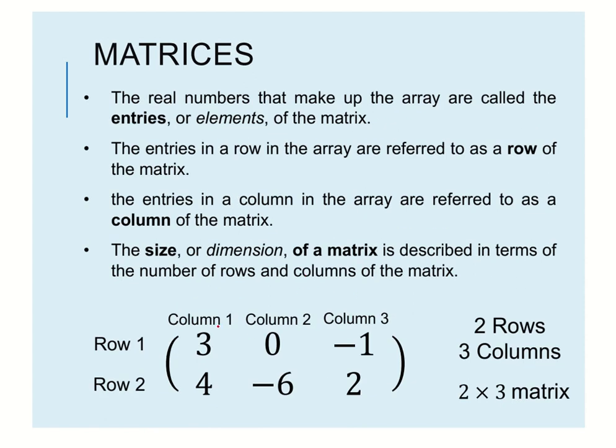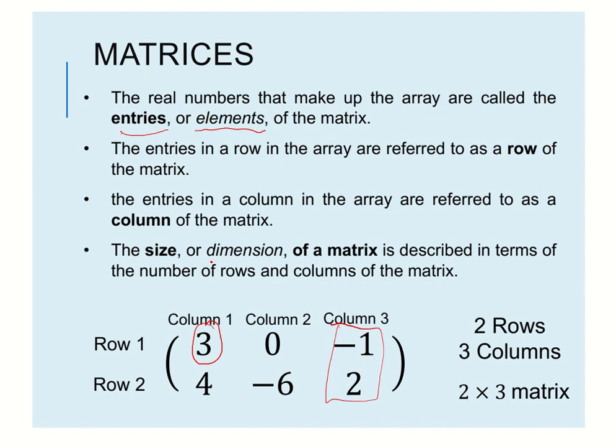So the element inside the matrix, we call it entries, and of course we can call it element as well. Right. So the entries in a row in this matrix refer to row of the matrix, and the entries in the column in this matrix refer to as a column of the matrix, right?